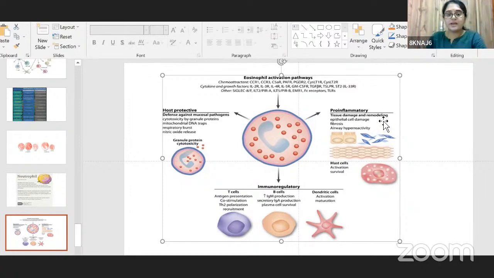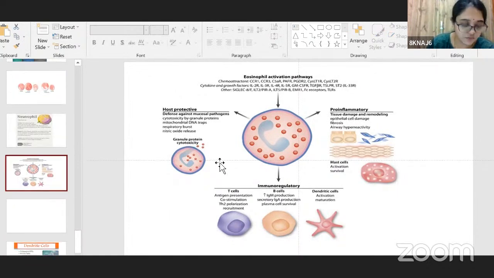Now, when it comes to the basophils and the mast cells, both are from the hematopoietic stem cells in the bone marrow. Their progenitor cells come through with the influence of interleukin 3, IL-3.